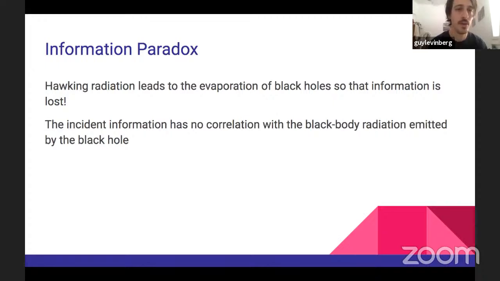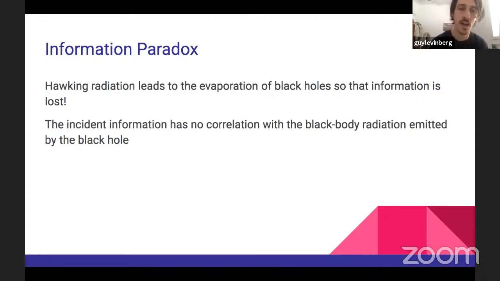And it leads to many paradoxes actually, but one of them is the information paradox, which basically says that since it's a black body radiation, it doesn't carry the original information of the photons entering. And even more interesting, the black hole eventually evaporates because it loses energy all the time.